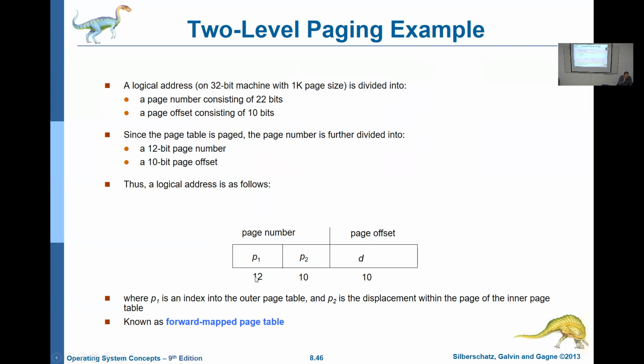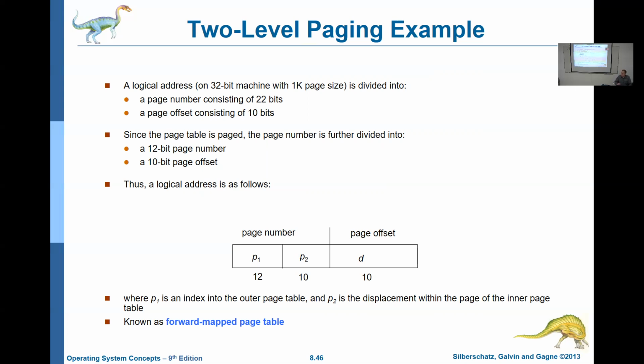Okay? Since the page table is paged, we have 22 bits for the page number. That means I have 2 to the power of 22. In other words, what is that? 4 mega rows.